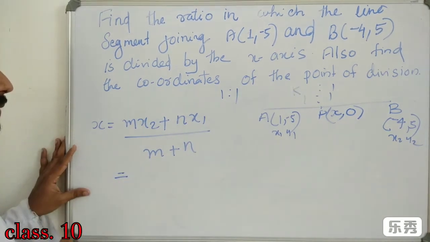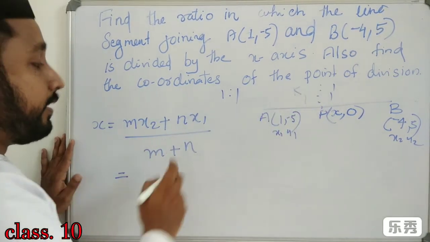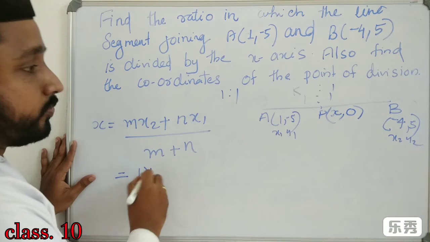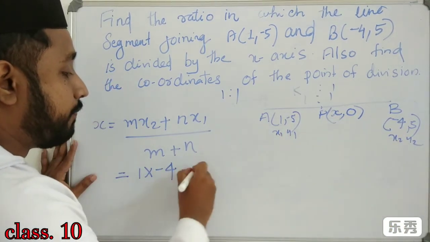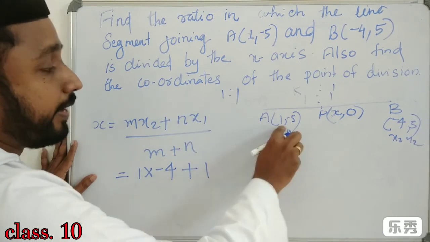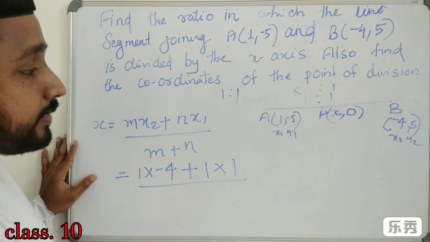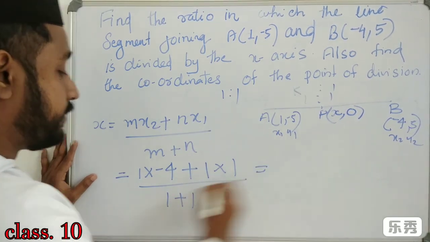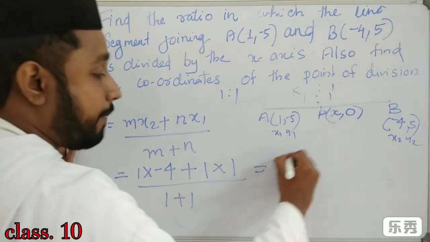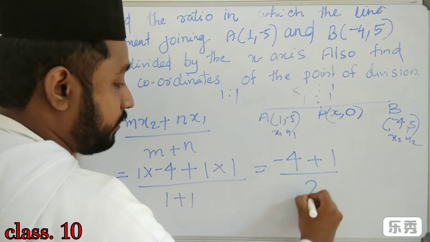So x is equal to (mx2 plus nx1) by (m plus n). Here the ratio is 1 is to 1, so m and n are 1. So 1 into x2, x2 is minus 4, minus 4 plus n, which is also 1, times x1, which is 1, by m plus n, which means 1 plus 1, 2. This implies it is equal to (1 into minus 4, minus 4, plus 1 into 1, 1) by (1 plus 1, 2).